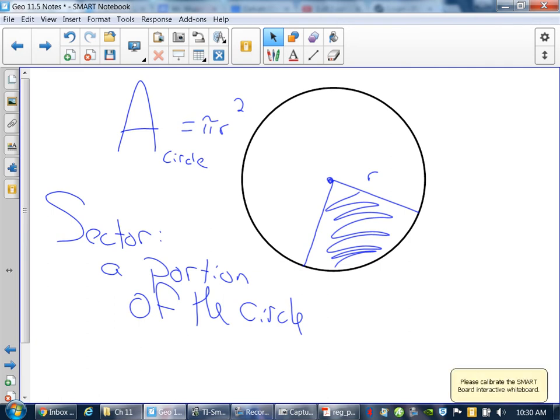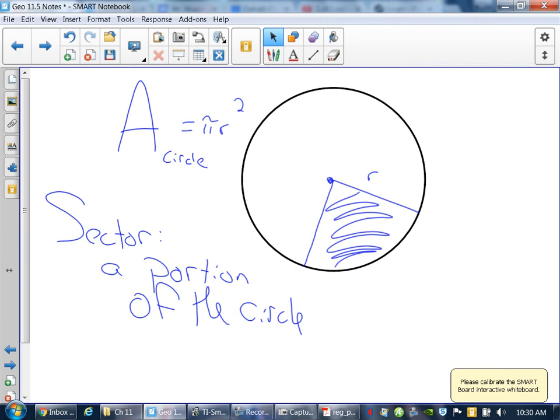So when we're dealing with sectors, we're looking at portions of circles. And just like when we dealt with portions of circumference, when we're talking about portions of areas, it's still going to be defined by some sort of central angle.